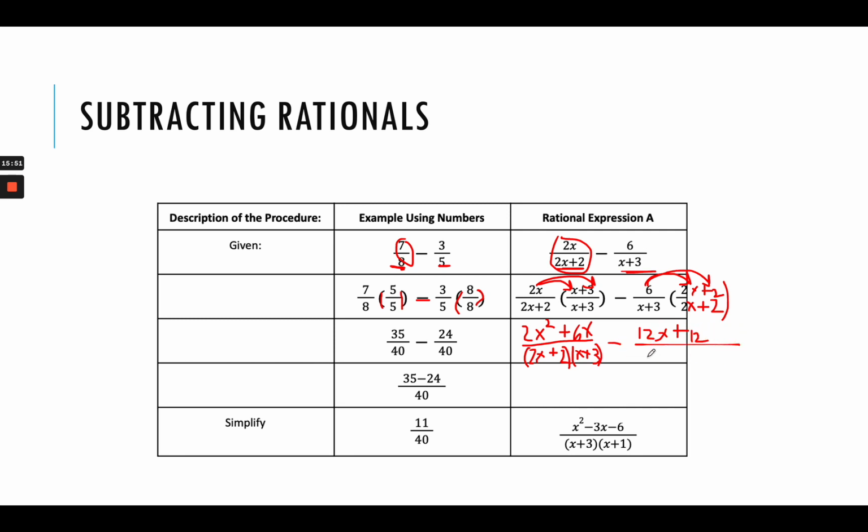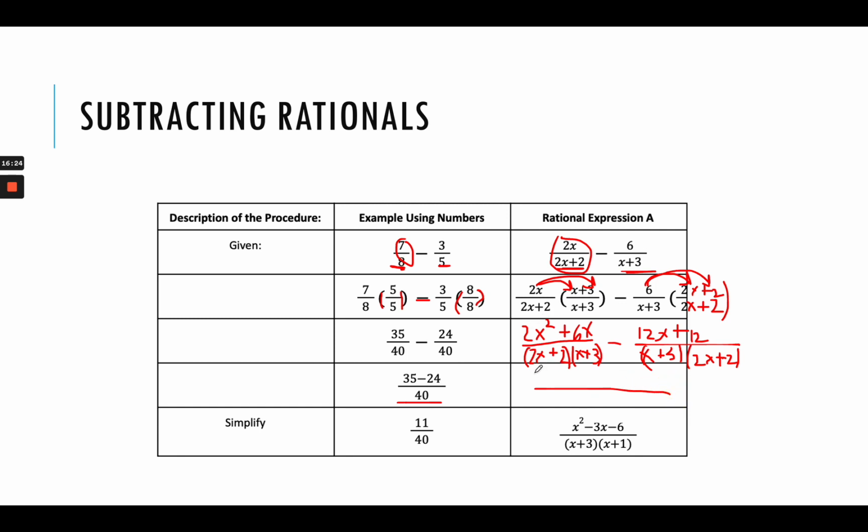All over our common denominator, which is x plus 3 times 2x plus 2. Okay? Okay. Let's rewrite it as one fraction, just like we did with our 35 minus 24 over 40. We're going to rewrite this whole thing as one fraction.